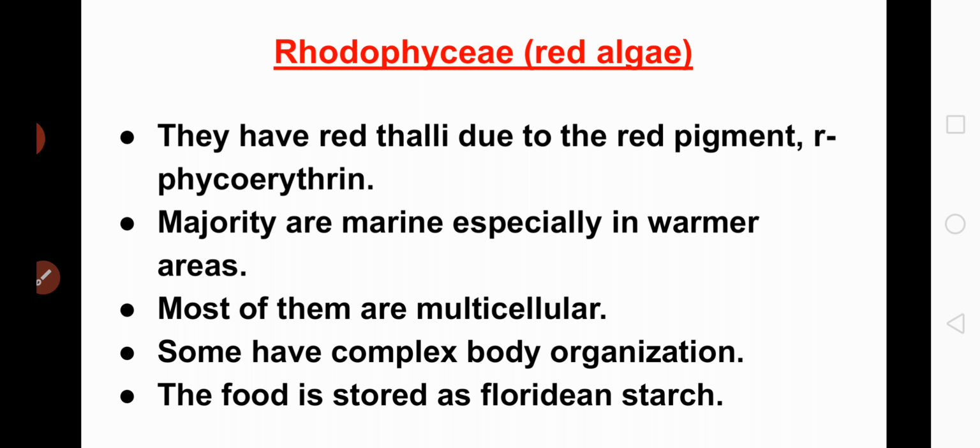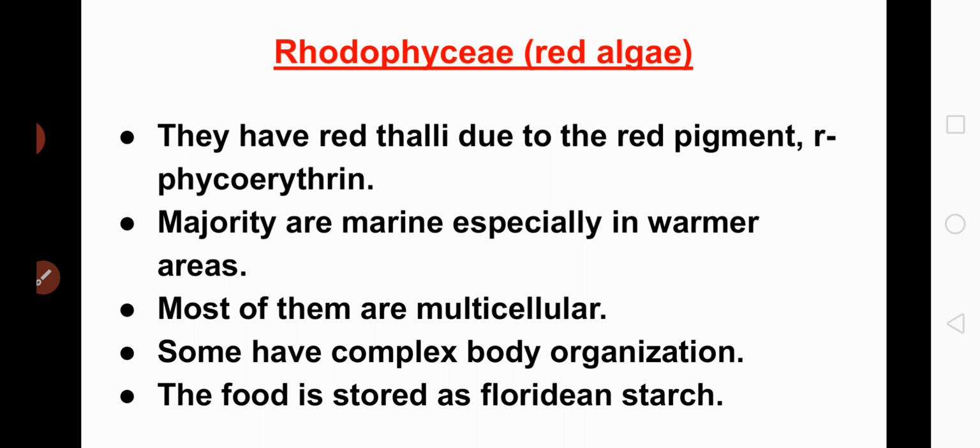Here the members are commonly called red algae and they have red thalli. Thalli or thallus means plant body. So Rhodophycean members have red thalli due to the presence of a red pigment, that is R-phycoerythrin. So here the main pigment is R-phycoerythrin. It is a red pigment.